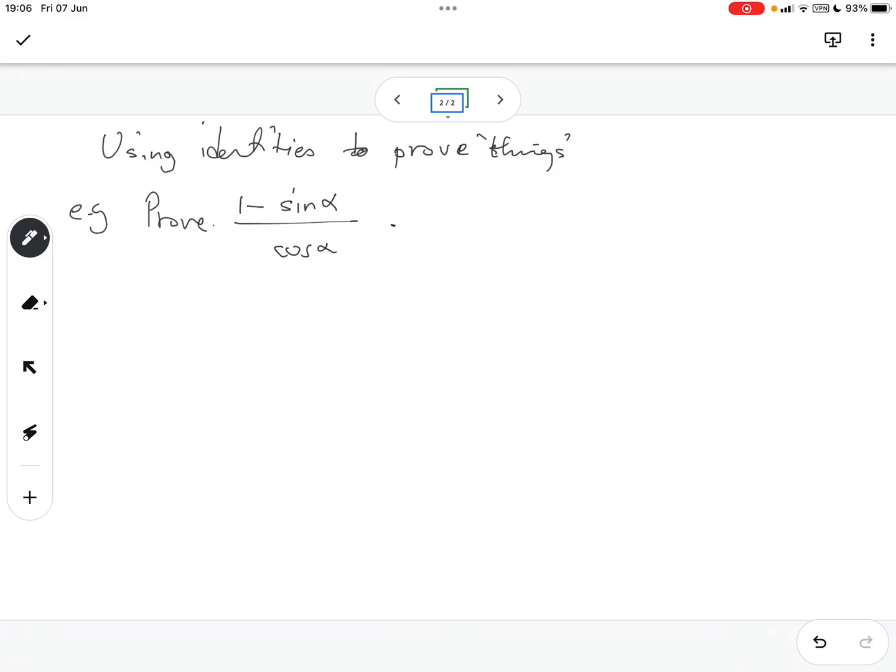I'll just put that in comments. So we have to prove that 1 minus sine alpha divided by cos alpha equals cos alpha divided by 1 plus sine alpha.